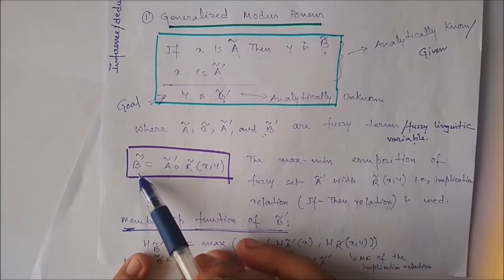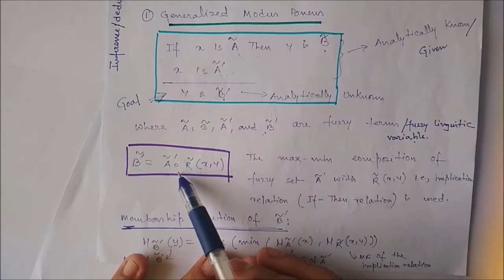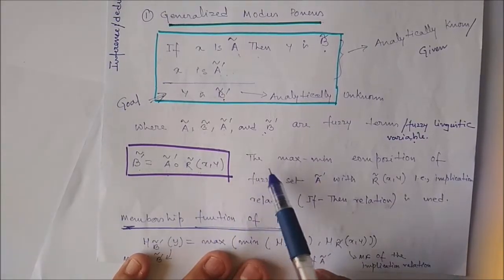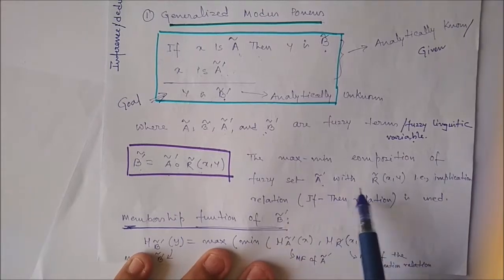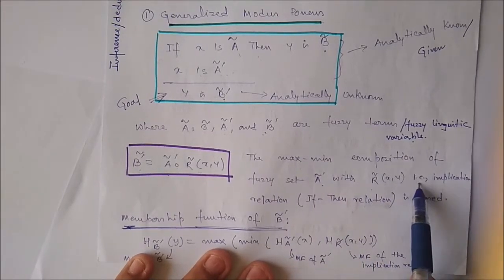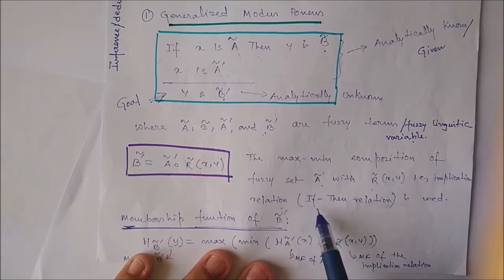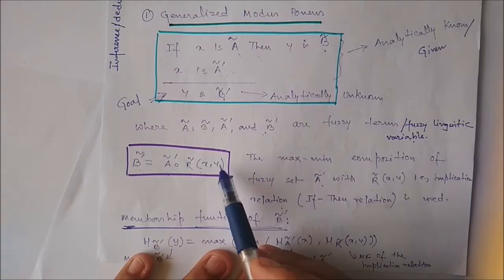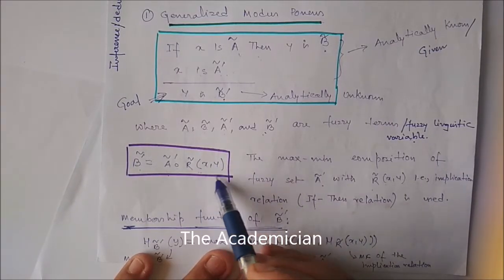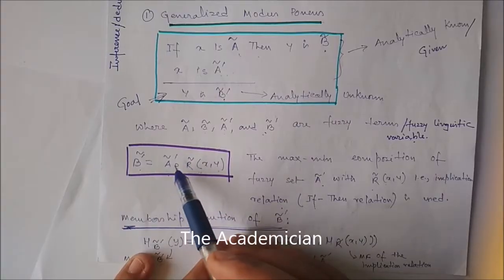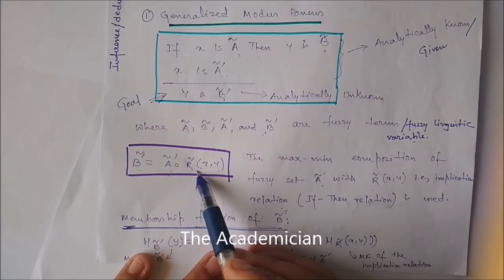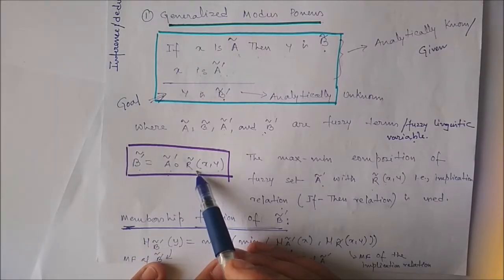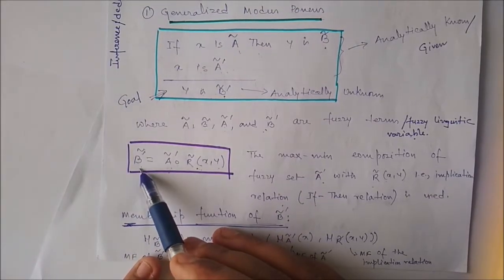B dash is nothing but A dash max-min composition with R. So the max-min composition of the fuzzy set A dash with R(x, y), that is the implication relation of the if-then rule, is used. This is our implication relation between x and y, and this is our fuzzy set A dash. With the help of A dash and R, the implication relation, we can identify B dash.